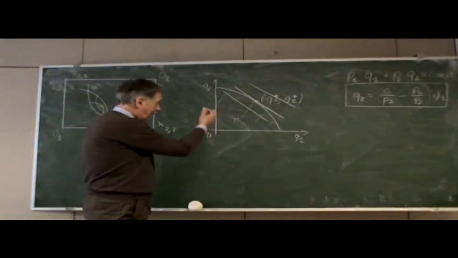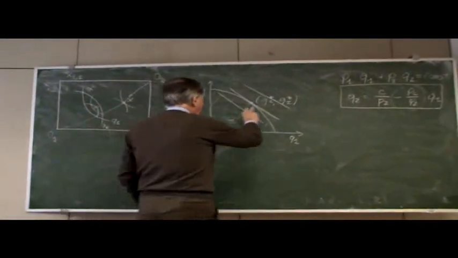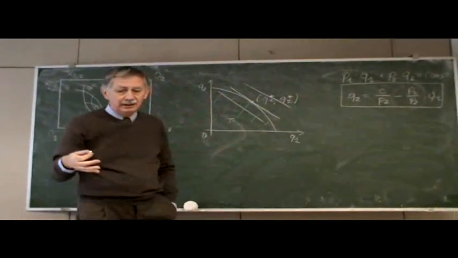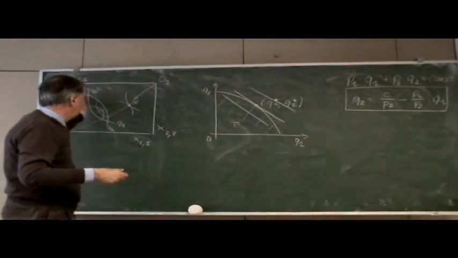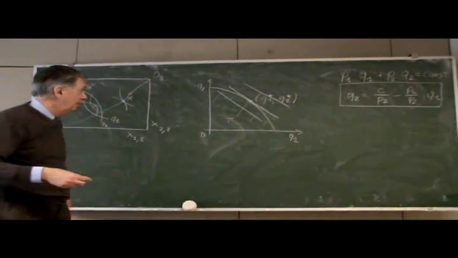It is obvious, as this graphic shows, that the pair Q star 1 and Q star 2 of the quantities produced in equilibrium is the consequence of a Pareto optimum in the allocation of factors.